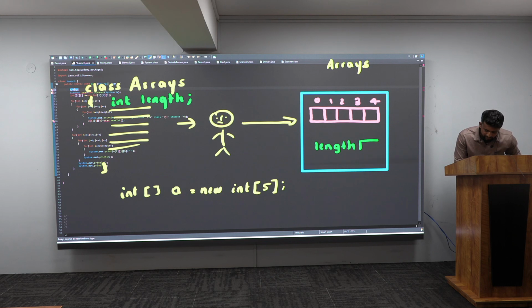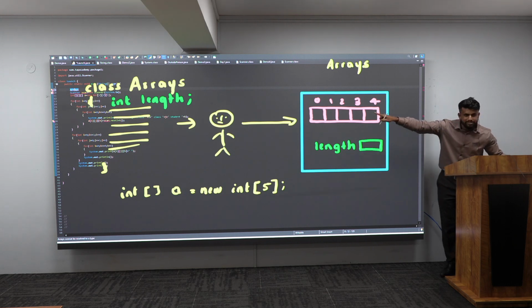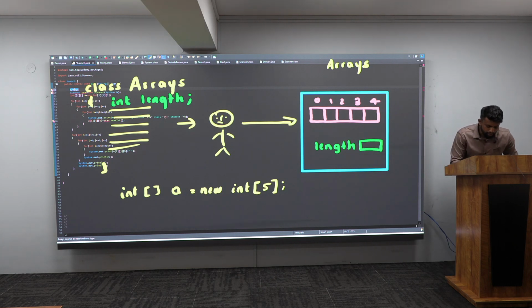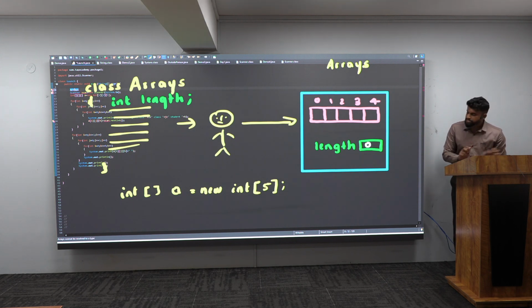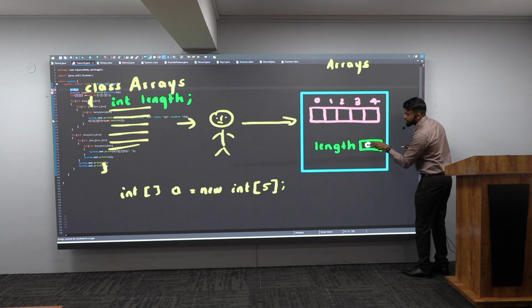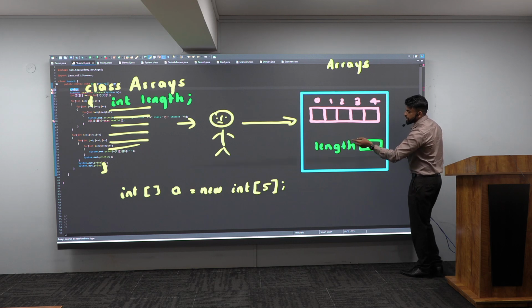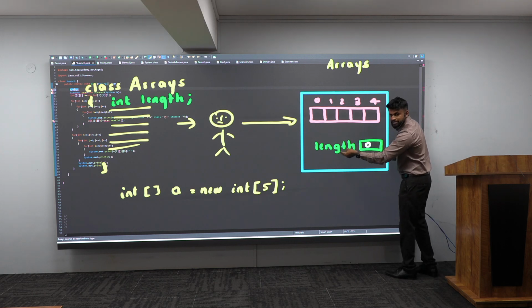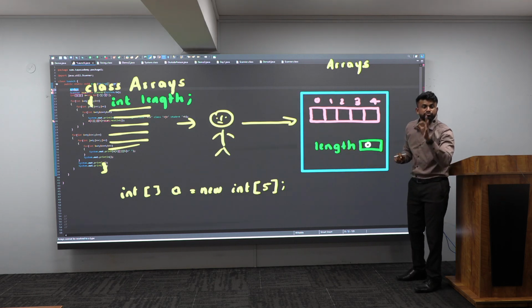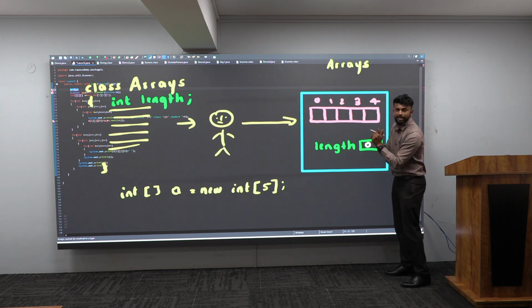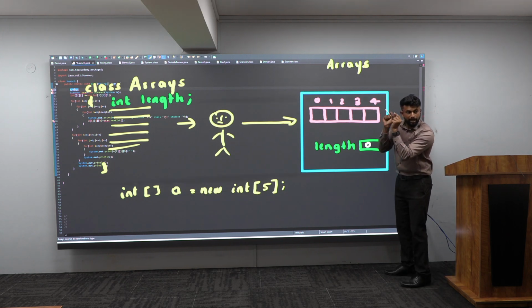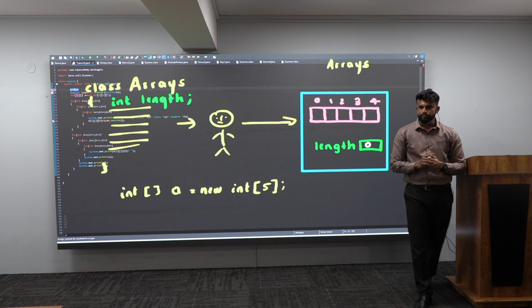And what type it is? Integer. To start with, it will be having a default value. It is 0. But after some time, it will be having some value. What is that value? I will tell you after some time. But length, what it is? It is an instance variable. Inside where? Inside array object.